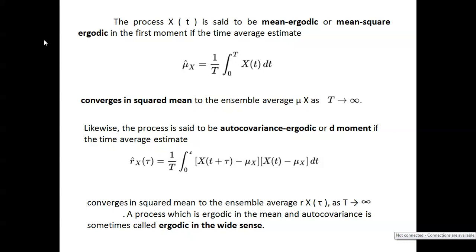The autocovariance ergodic is 1 by T, the integral from 0 to T of x of t plus tau minus mu x times x of t minus mu x dt. A process which is ergodic in the mean and the autocovariance is sometimes called an ergodic wide-sense stationary process.